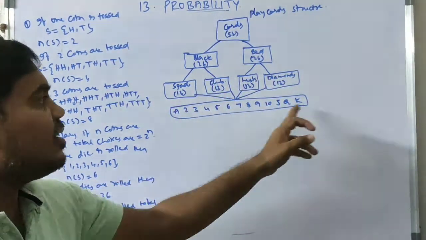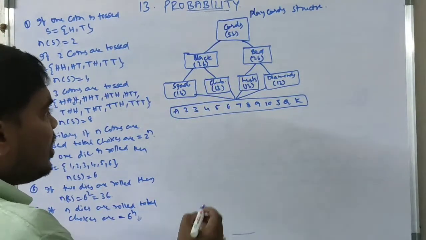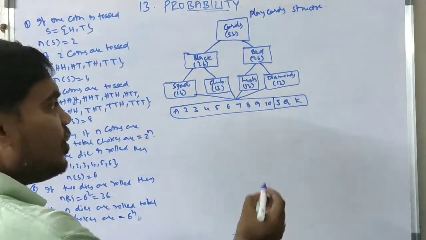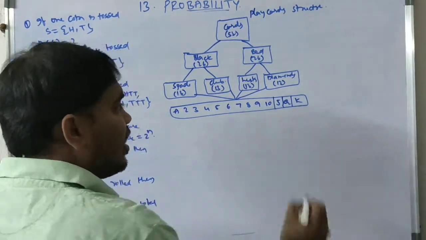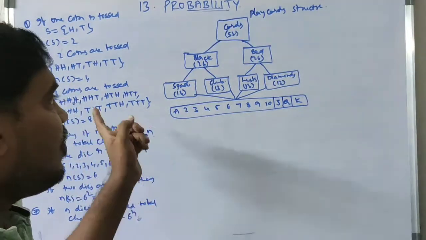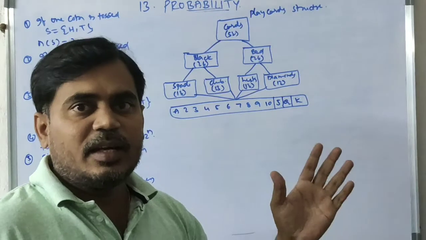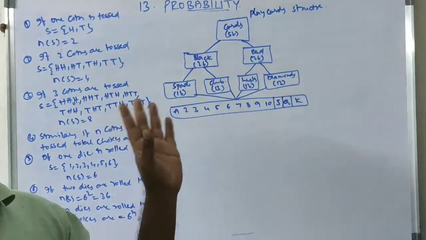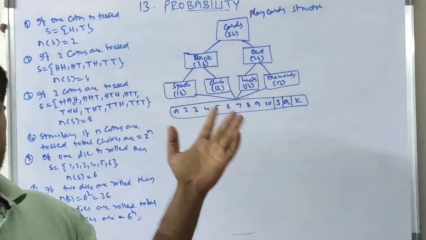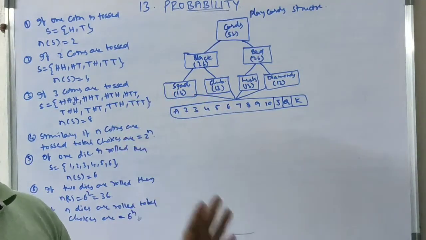In A to 10 all contain leaves, but J, Q, K are called Jack, Queen and King. These three cards of each set represent a picture on the card. So J contains a Jack, Q contains a Queen picture, K contains a King picture.